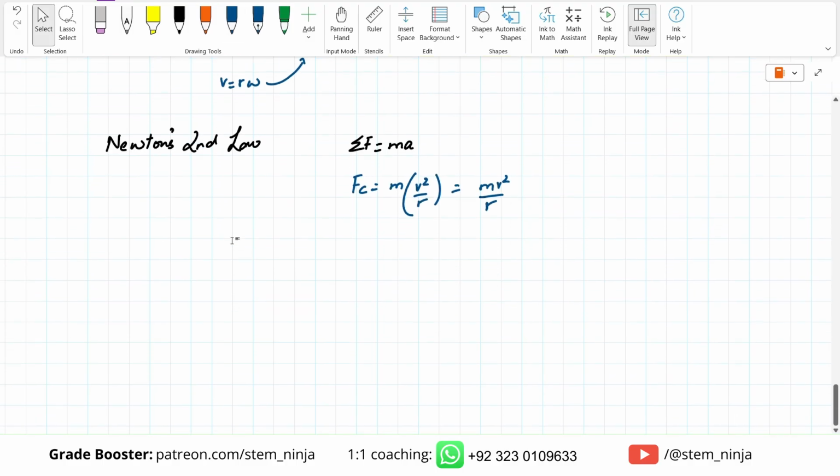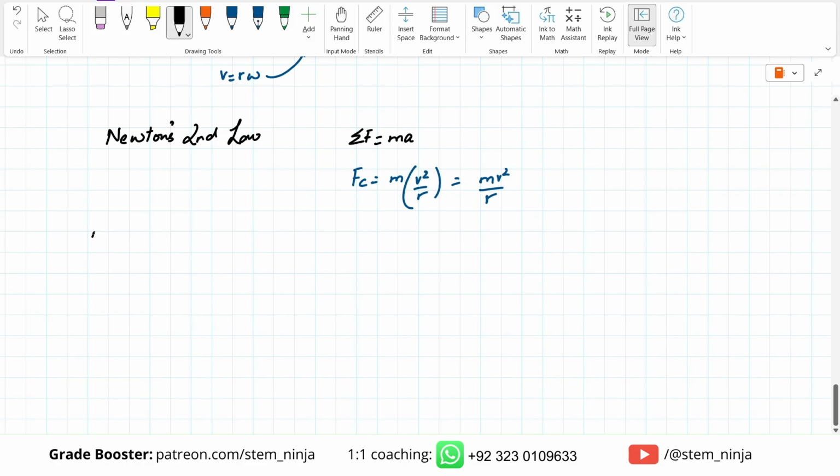How do we define this force? It's also important. Centripetal force, we will define similar to acceleration, but slightly different.